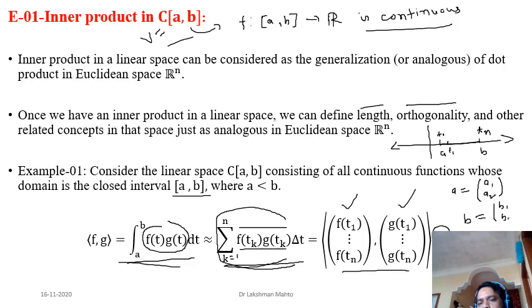The dot product of a and b would be just a1 times b1 plus a2 times b2.